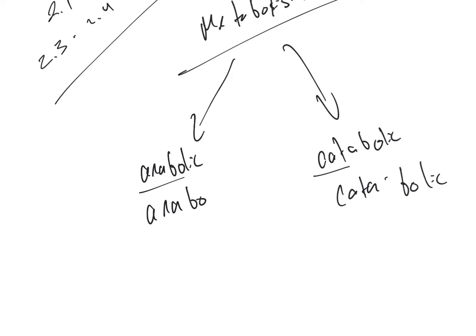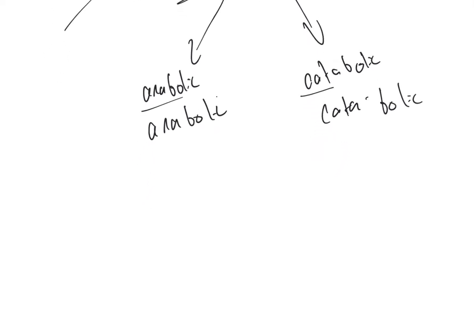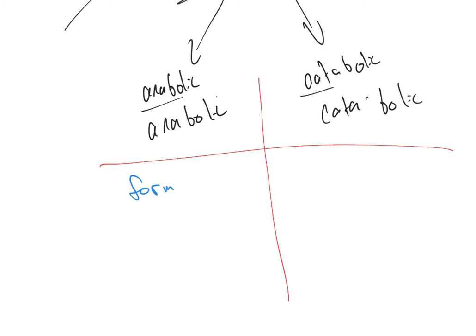All right, so basically what we have here is, if I T-chart this, anabolic is going to form bonds, and catabolic is going to break bonds. Anabolic is going to absorb energy, and catabolic is going to release energy.